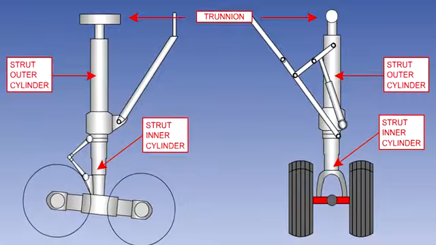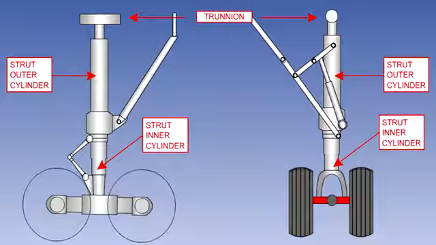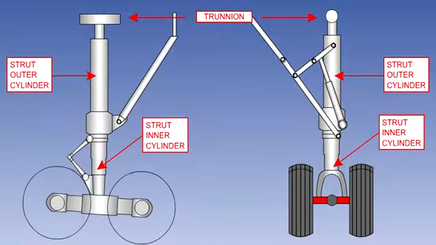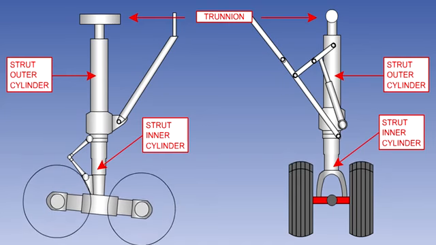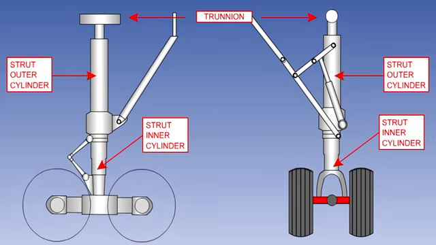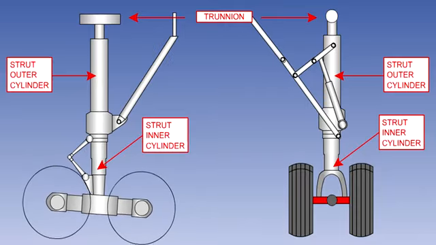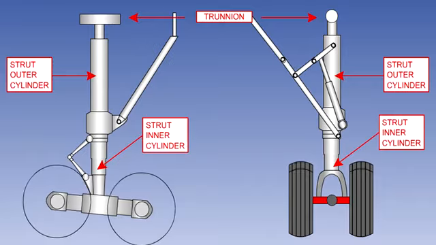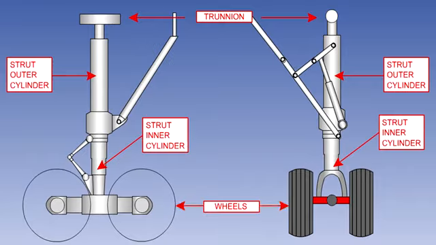The truck beam is able to pivot about its central point in a controlled way, as you see here. This allows all main wheels to be on the ground with the fuselage in the takeoff or landing attitude. There is an axle connected to a pair of braked wheels at each end of the truck beam.